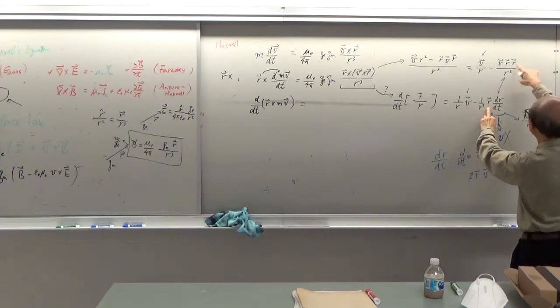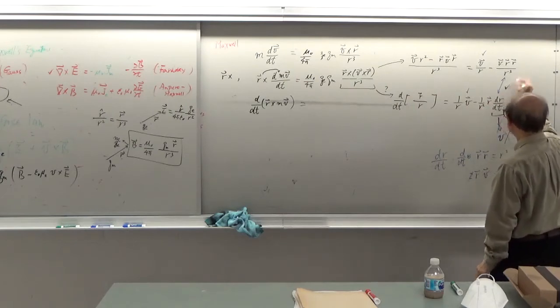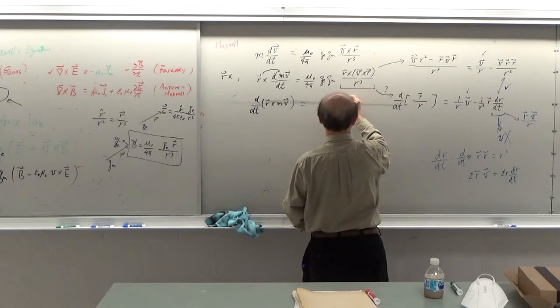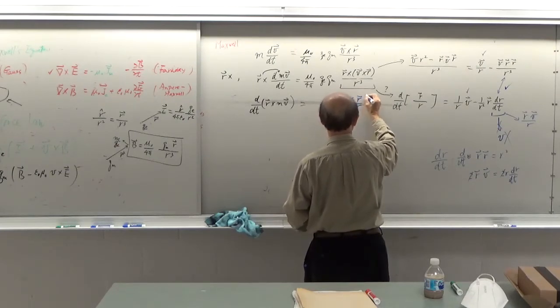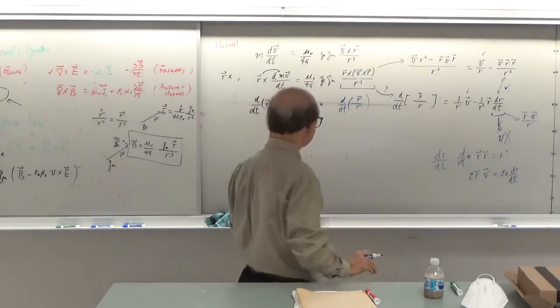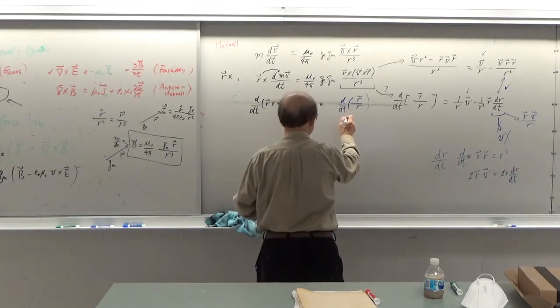Which, lo and behold, is indeed my sign, in the denominator of r squared times r is r cubed. There's the r vector, then the last thing is r dot v, correct? Yes. So in fact, this is a total derivative. So this is this factor times d/dt of r over r. Let's put these two terms together. Put this to the left-hand side.